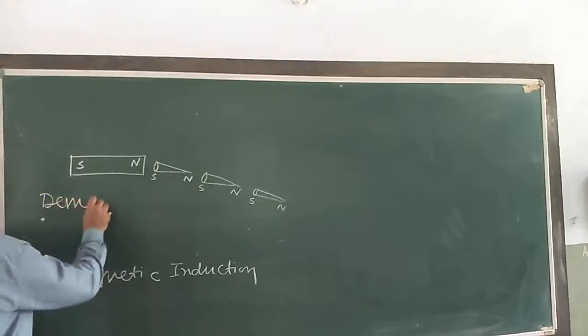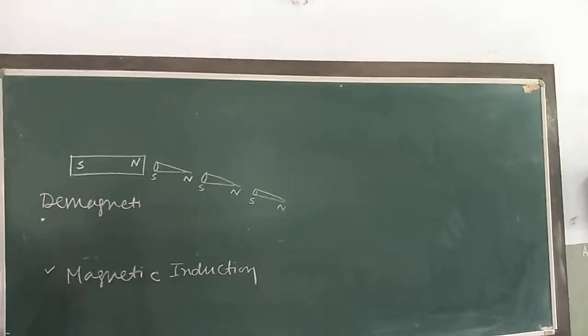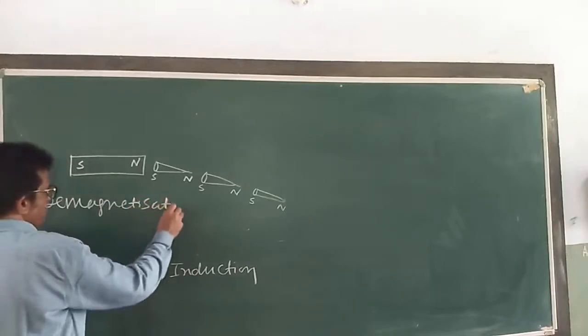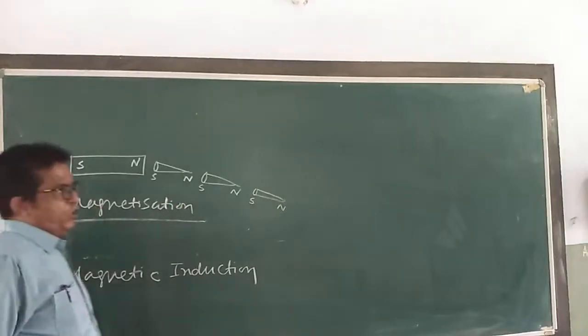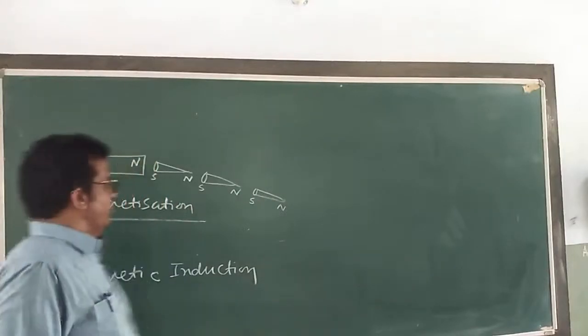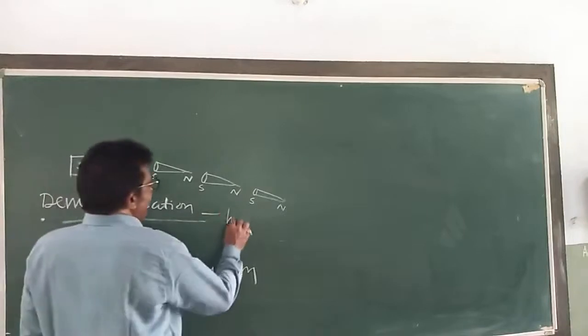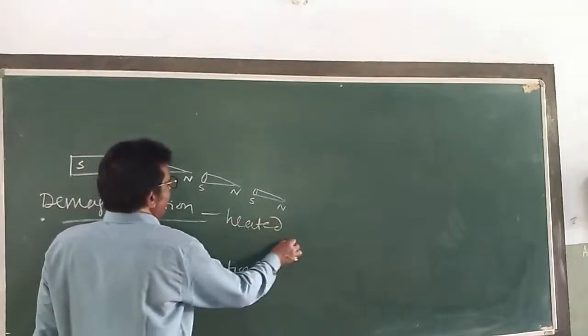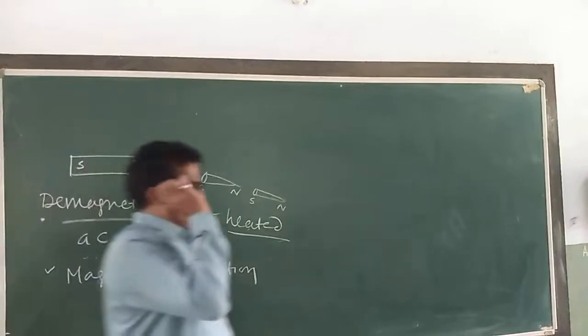What do you mean by demagnetization? When a magnet gets demagnetized, it means it loses the power of attraction. It loses the power of attraction if it is heated or hammered, or if AC is passed through a wire wound over it.